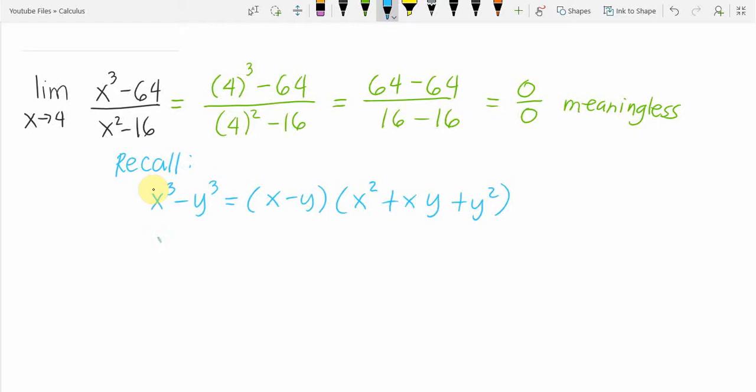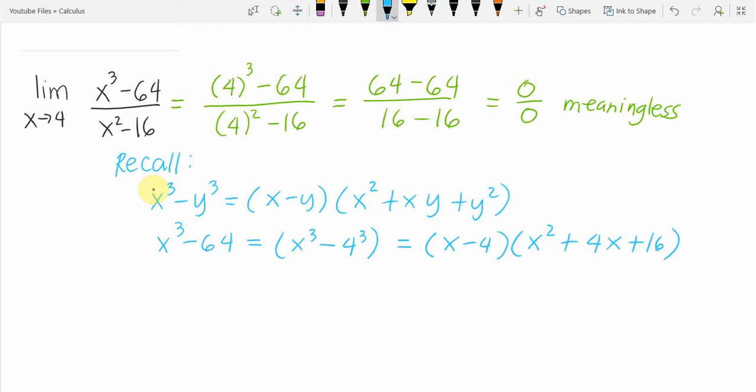So our expression x cubed minus 64 is actually equal to x cubed minus 4 cubed, and we want to factor this out. Using the same pattern, this will become x minus 4 times x squared plus 4x plus 16.